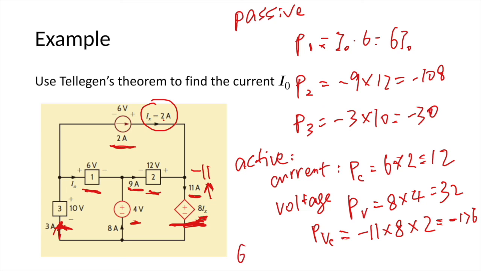That is 6 times I0 minus 108 minus 30 equals 12 plus 32 minus 176. By solving this equation, we obtain that I0 equals 1.